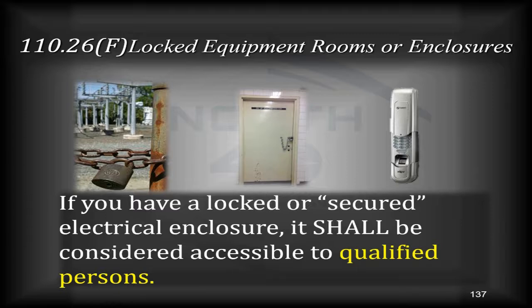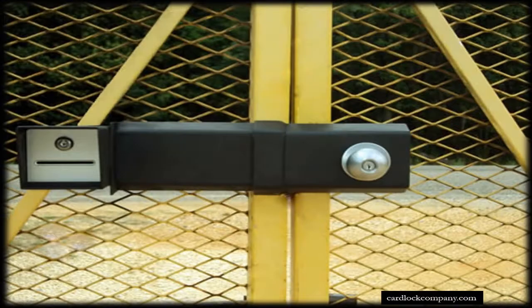Key, thumbprint, eye scan, whatever the case may be, a qualified person is going to have access to that. Okay, obviously, when it comes to access, different people take different measures.